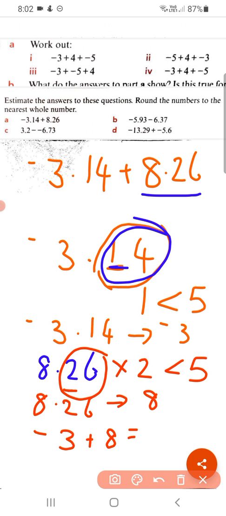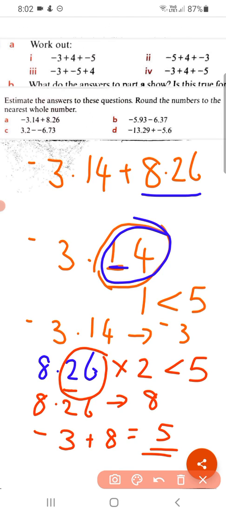So negative 3 plus 8. We are adding numbers with different signs. So what will we do? Subtract the numbers and put the sign of the larger number. 8 minus 3 is 5. So our answer is positive 5. Clear?